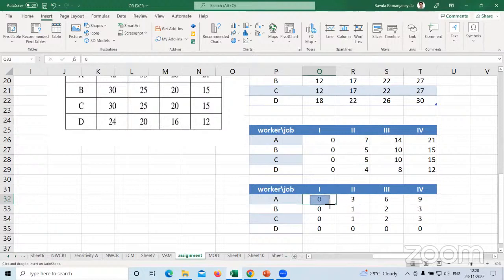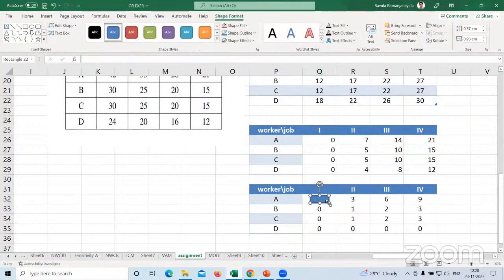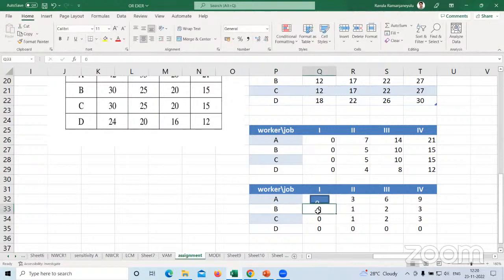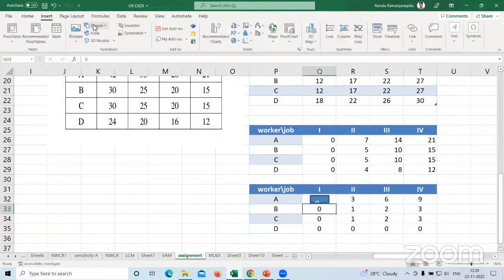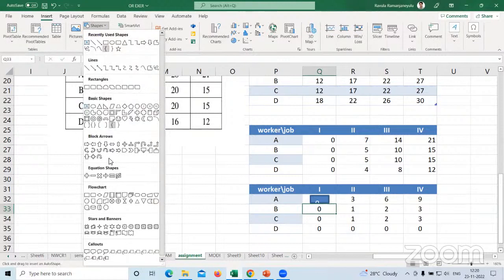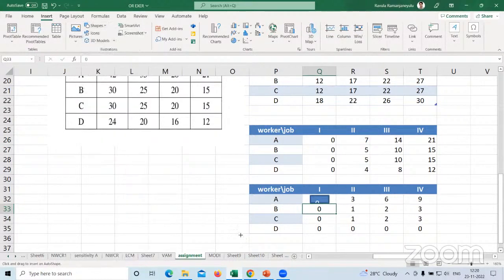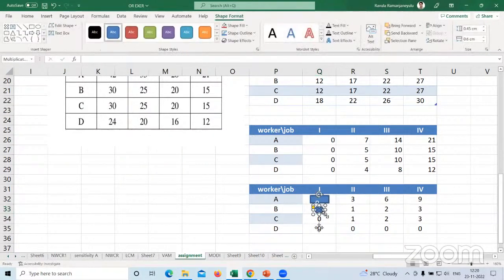When row wise we assigned, then column wise we have to cancel the other zeros. Right. Yes, sir. So to cancel it, cancel all other zeros in the column.